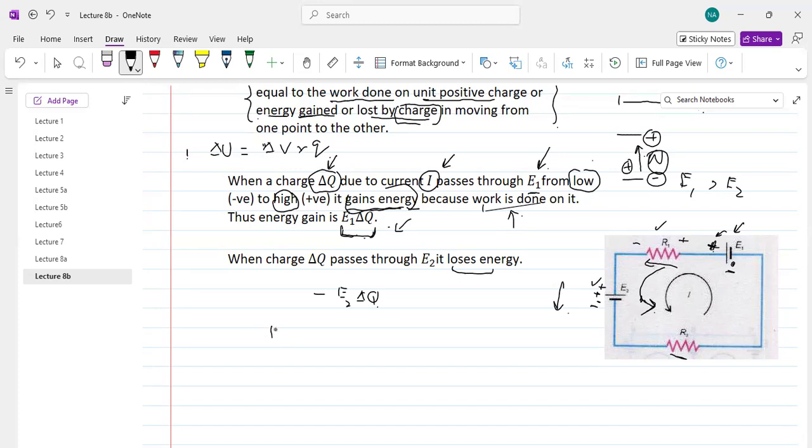And what is the loss of energy? Again, the potential difference across the resistance is equal to IR, and this is according to Ohm's law.